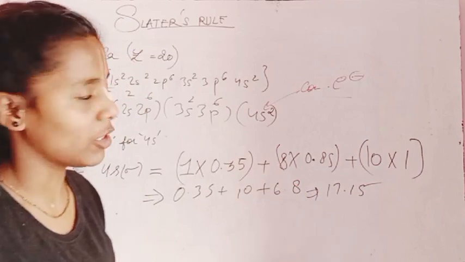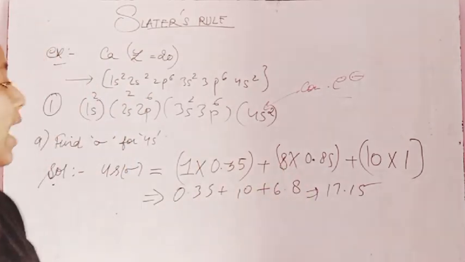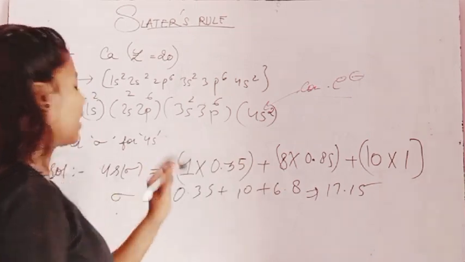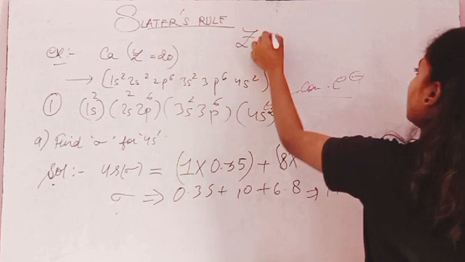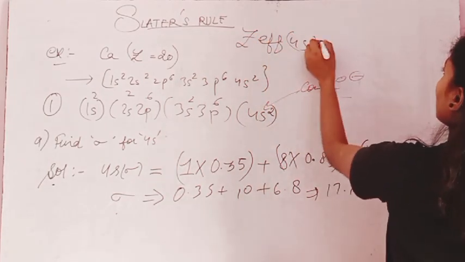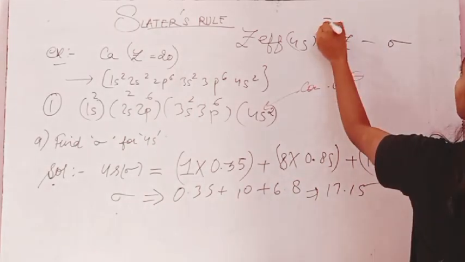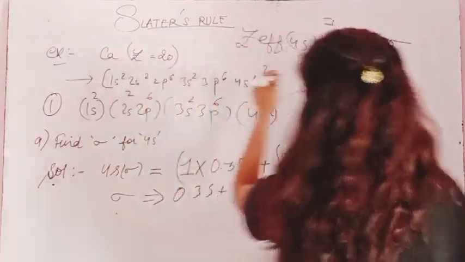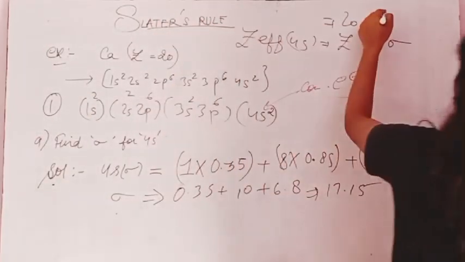You can see the calculation on your own. So this is the process for finding the sigma for 4s, and that's the value that came for sigma. Now if I ask you to tell me the Z effective on 4s, you would say Z minus sigma. What is the Z for Ca? That is 20. And what is the sigma we found out? That is 17.215.